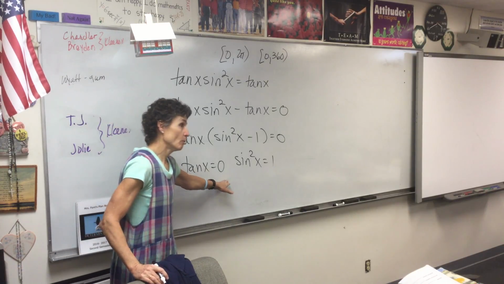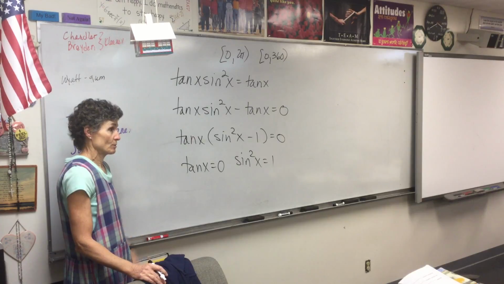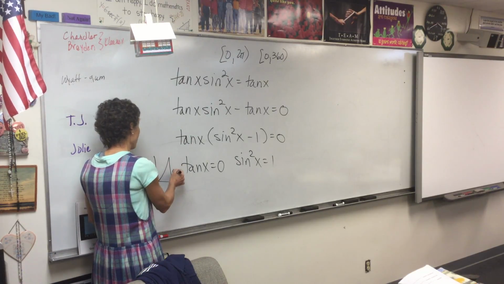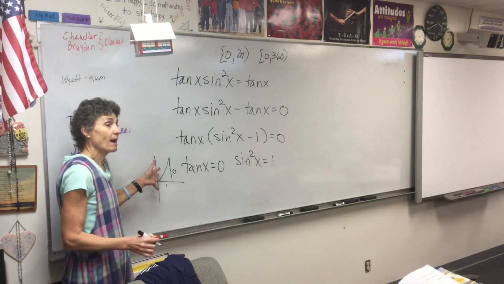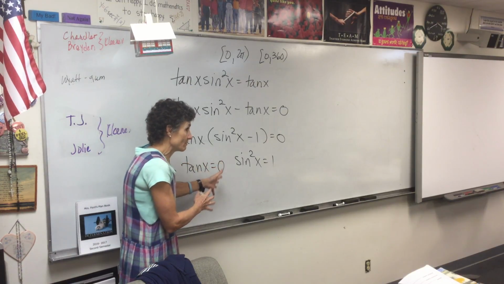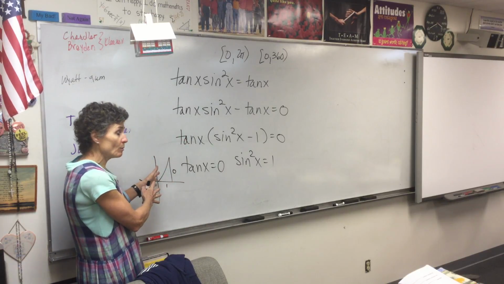Now, 0 is one of those very special numbers. If you try to draw a triangle, opposite over adjacent, that does not make sense. Would you agree with me? When a 0 is involved, we don't do that. What do we do instead?